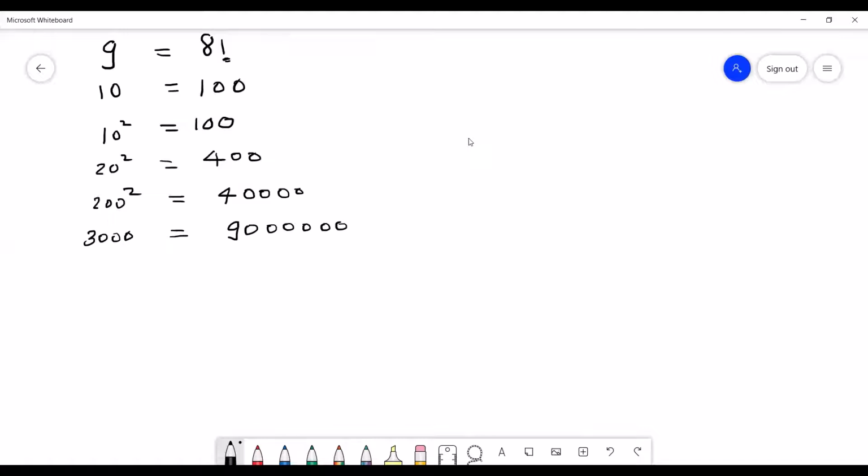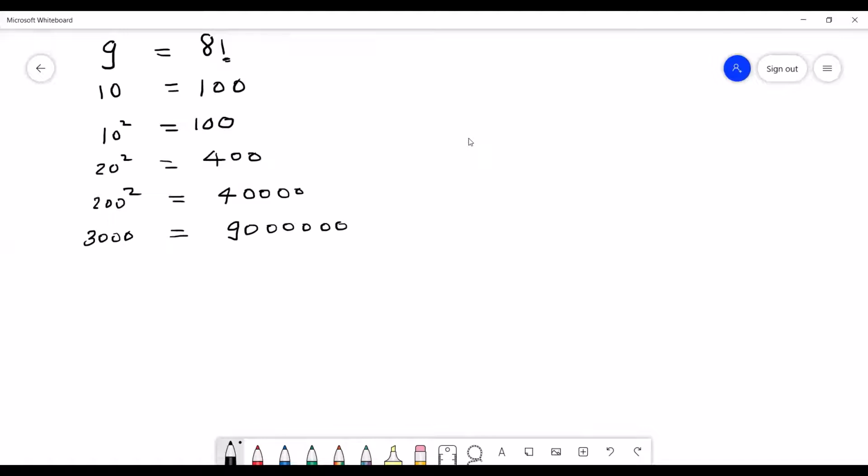For 10 there is 1 zero, square is having 2 zeros, and for 200 there are 2 zeros, so square is having 2 into 2, means 4 zeros. Then 3,000 we have considered, it is having 3 zeros, and in square we are having 6 zeros.